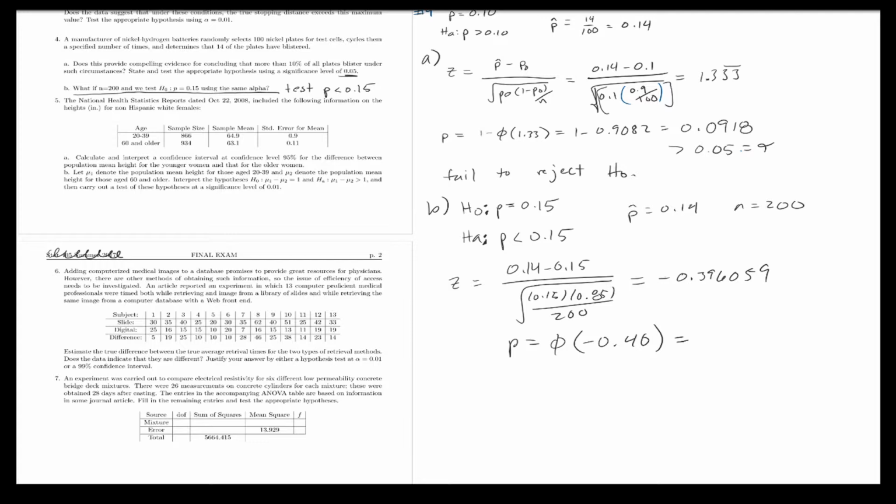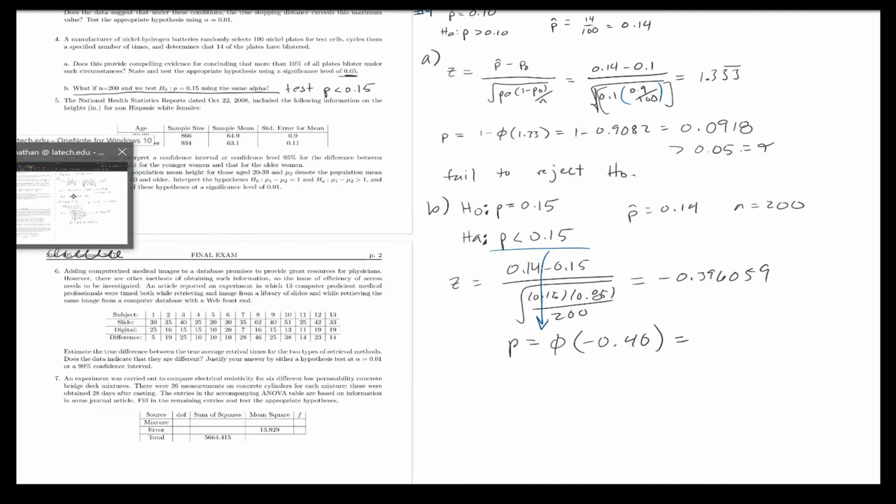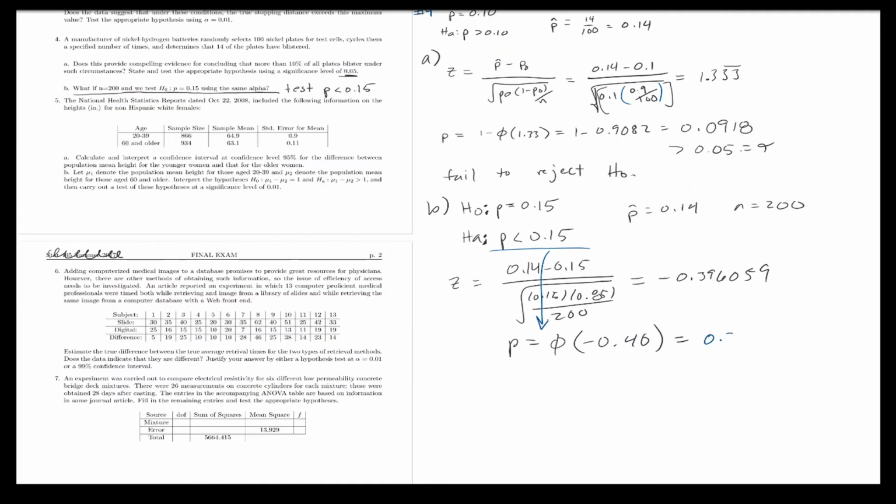Our alternative here is p is less than some value, so I just use it directly. I don't do 1 minus. Negative 0.40 is right here. Not even close. 34% of the time this is going to happen, 0.3446. So definitely fail to reject H0.